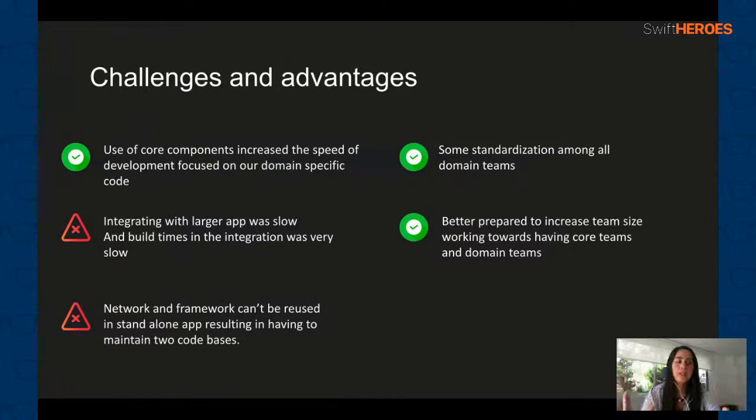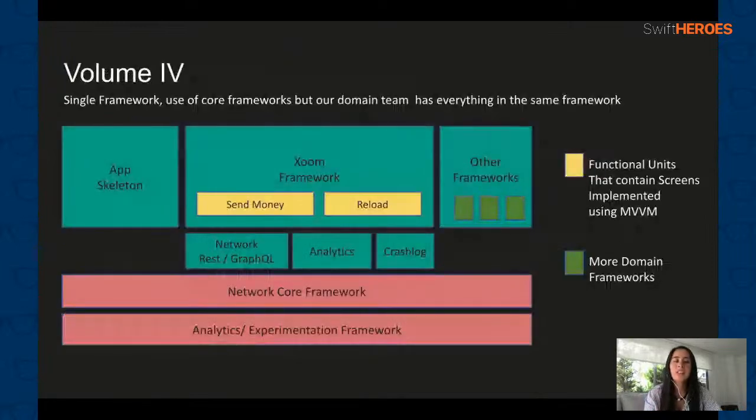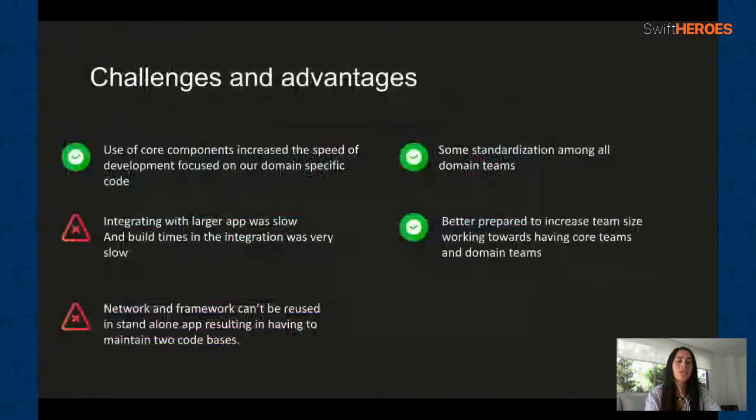By creating this domain team, we became better prepared to increase the team size, and also we could reuse some standardization among all domain teams. So maybe that was the good part, but we still didn't think very well through from the start on how this could have been improved.